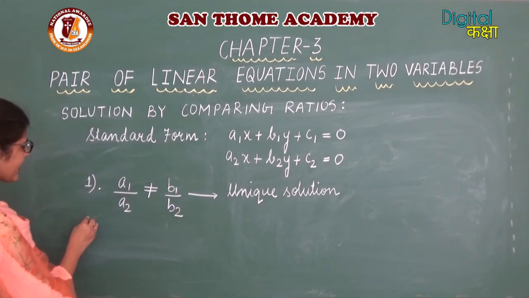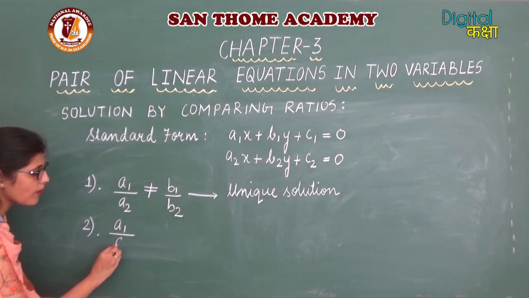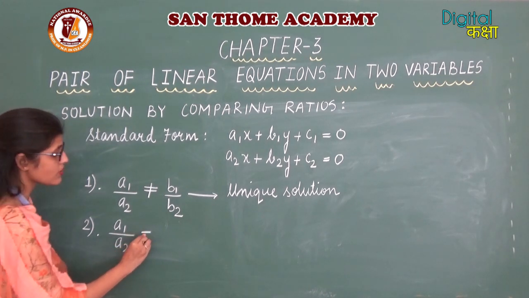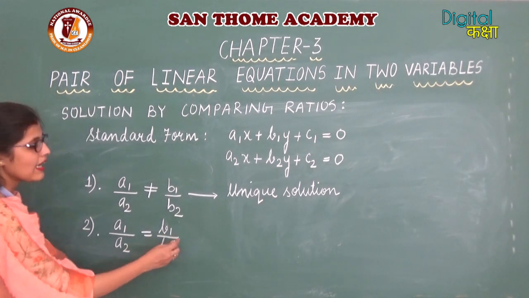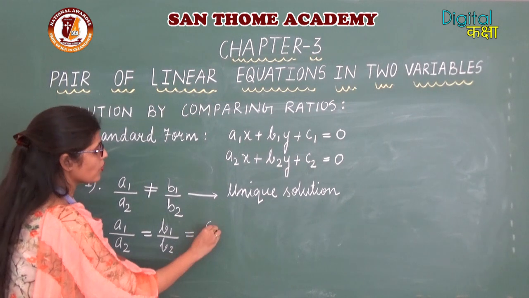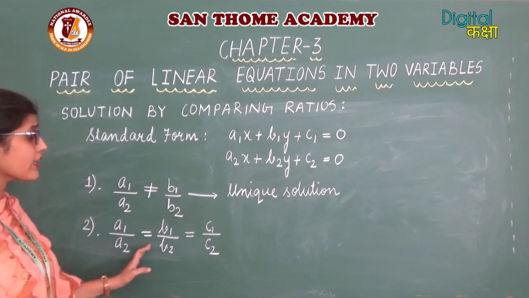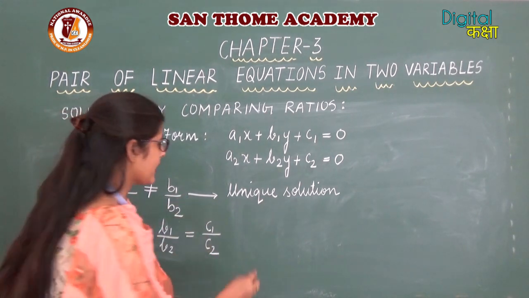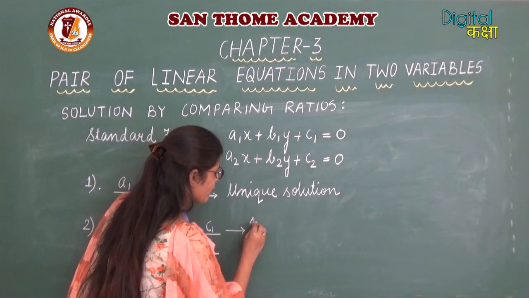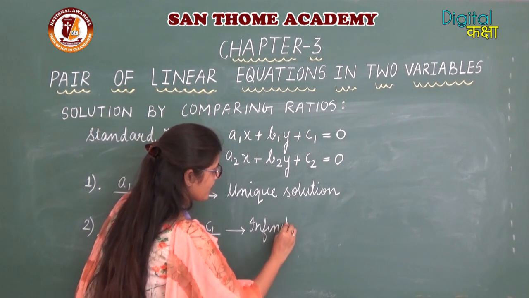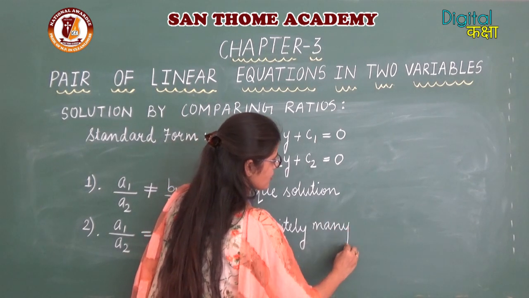Then the second condition is if the ratio a1 upon a2 is equal to the ratio b1 upon b2, and it is equal to the ratio c1 upon c2. That means when all three ratios are equal, then such equations will give us infinitely many solutions.